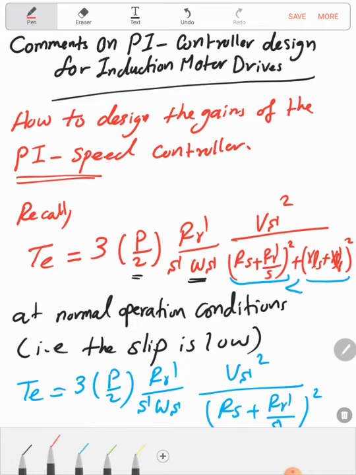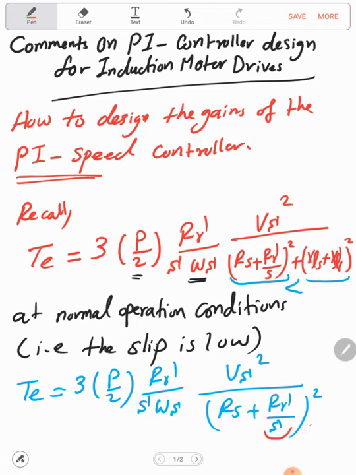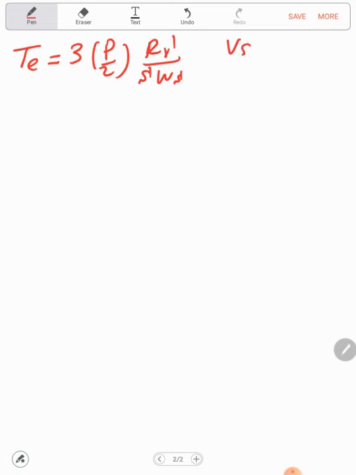Now the same at low slip, this term is greater than this term, so the torque can be approximated as Te equal to 3P over 2 times Rr' over s times omega s times Vs square over Rr' squared over s squared.